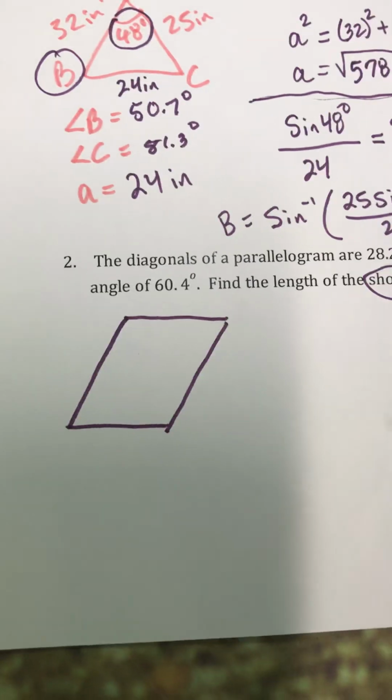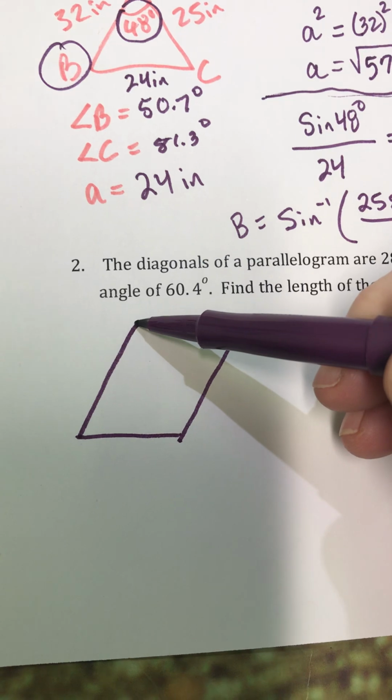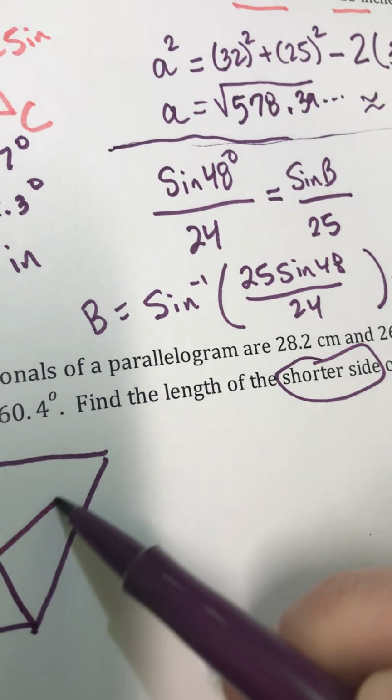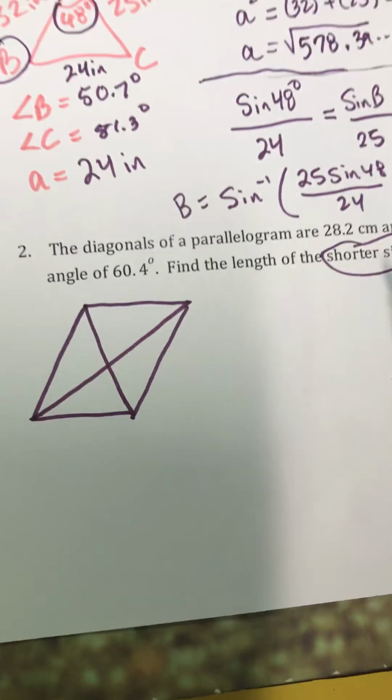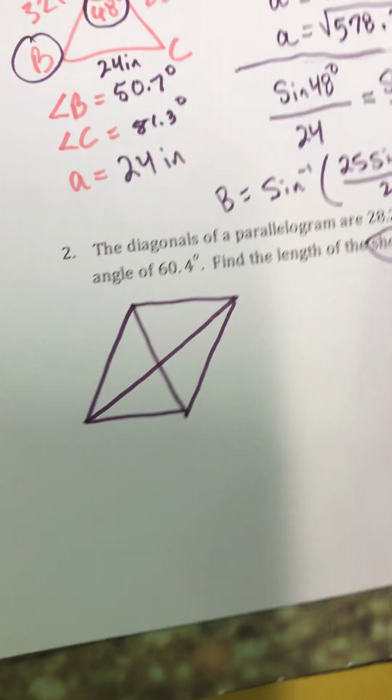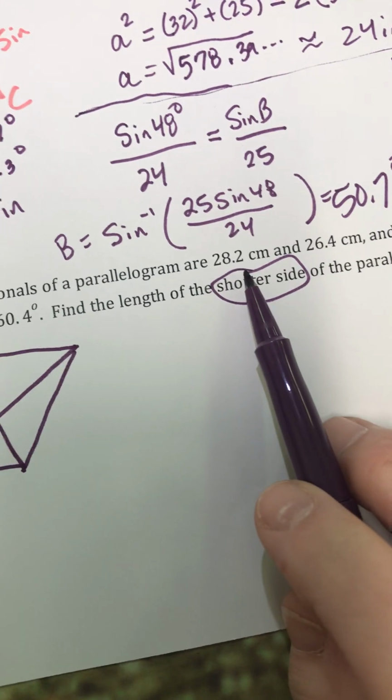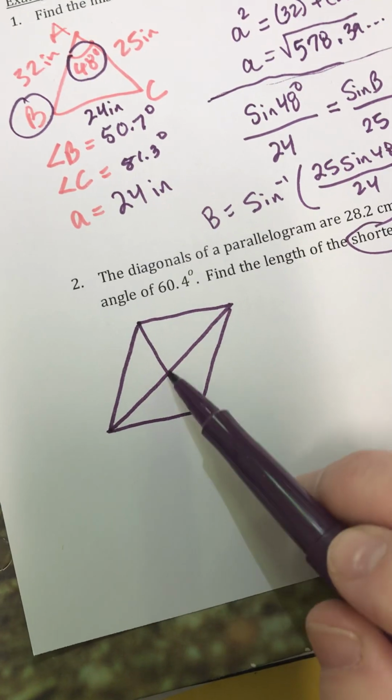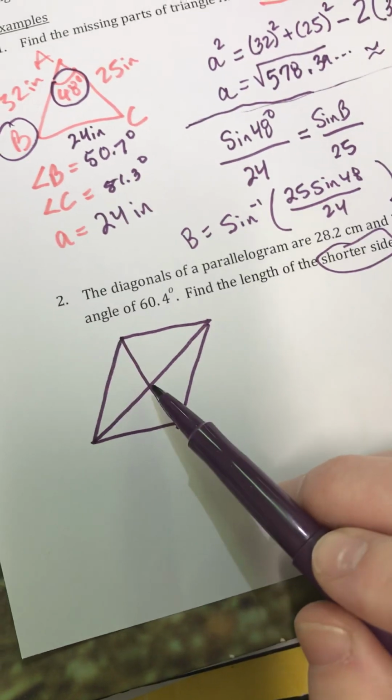Now they're talking about the diagonals. One will be longer than the other in a parallelogram. In this case, they are. One is 28.2 centimeters. The other is 26.4. That means that these meet in the middle, the halfway point.